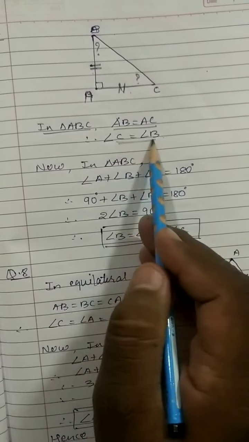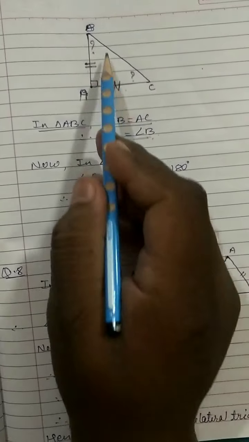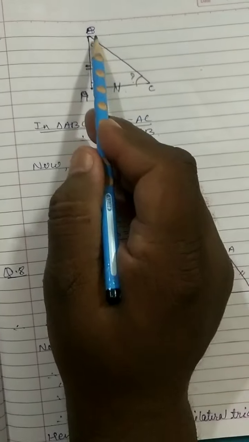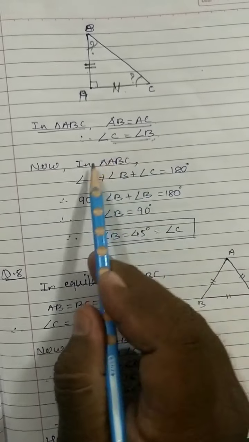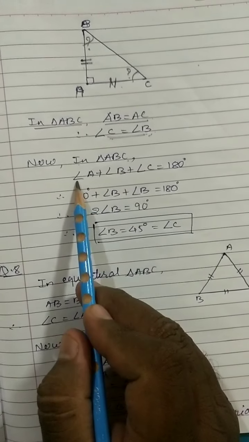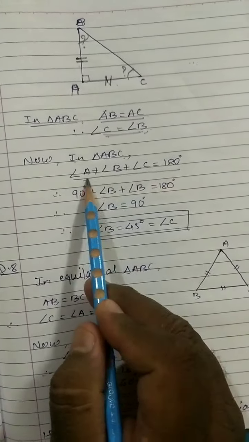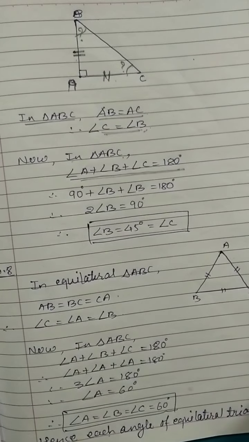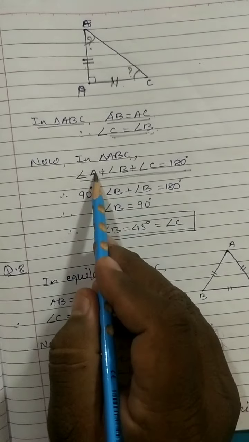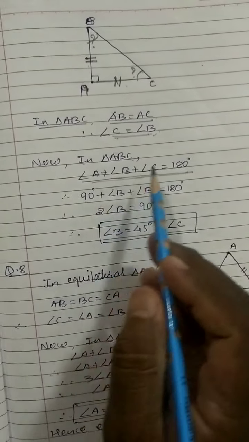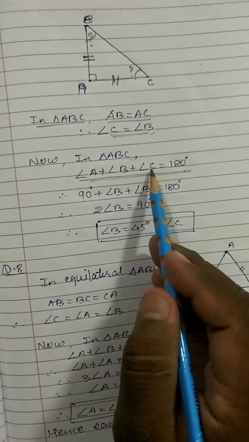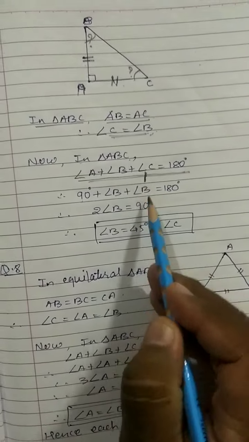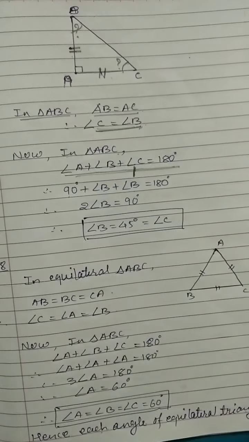So the opposite angles of AB and AC are also equal. That is angle C is same as angle B. Now in triangle ABC, we know the sum property, that is sum of all three angles is 180 degrees. Put value of A here, that is 90 plus angle B, and in place of C I can write angle B because I have proved that C and B are equal.